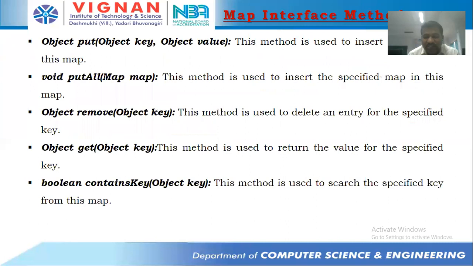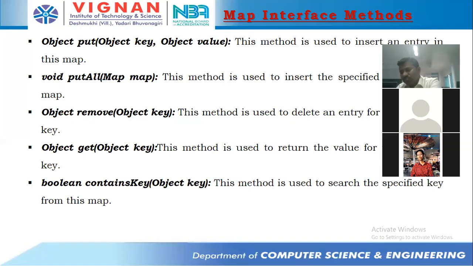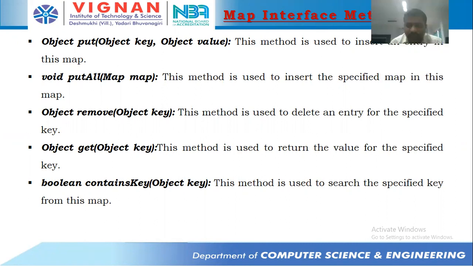And if you pass a key, the get method gets that particular value or object.